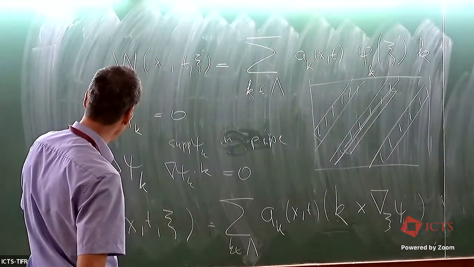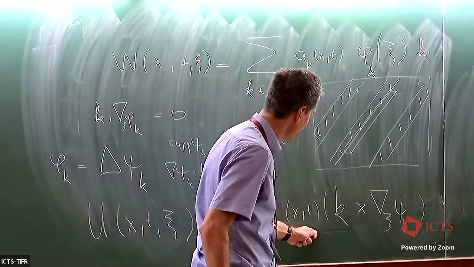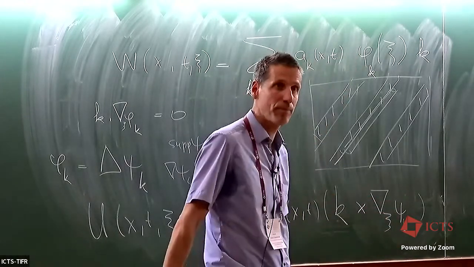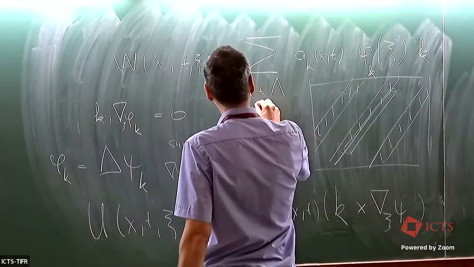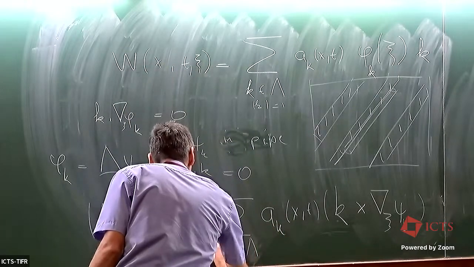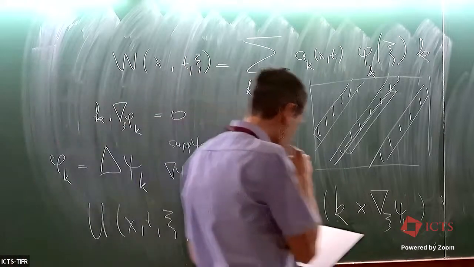Vector potential means if I take the curl of this, that will give me another cross product with k, and then you use the double cross product formula and you get this one. Maybe I should assume here that they are unit length, these vectors.